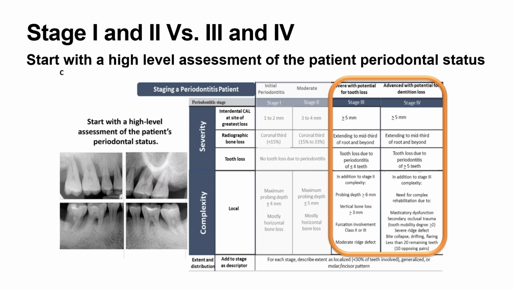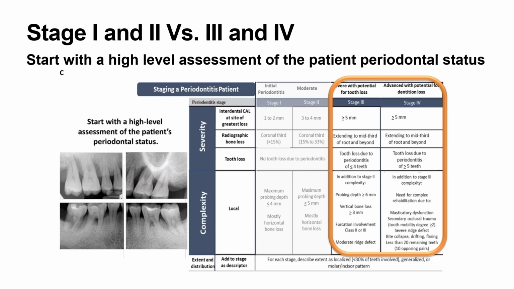And it's important to note that this assessment involves a collective assessment of potential complexity factors rather than a mere box-checking approach to isolated features. So you can't just find one tooth that is grade 2 mobility and automatically say this is a complexity factor of stage 4, and we will put this patient in stage 4, right? So you need some clinical judgment.